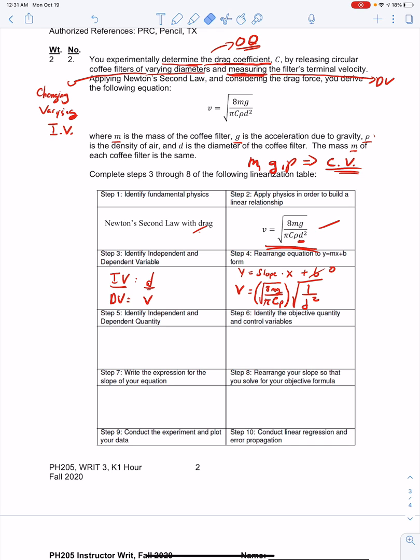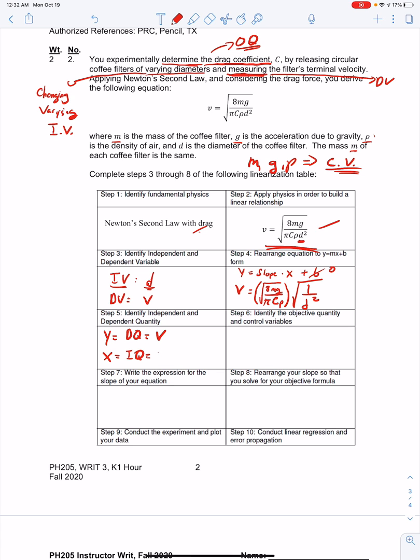So now that you have separated the y, the slope, and the x, the dependent and independent quantities, how exactly is it in your line equation? The dependent quantity, because that is y, is v, because that's exactly how it is in your line equation. But when it comes to your x, your independent quantity, it is not exactly how it is in your independent variable.